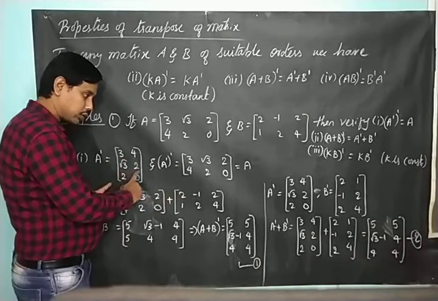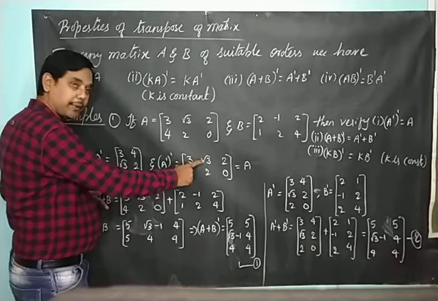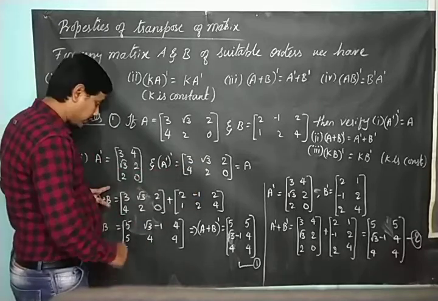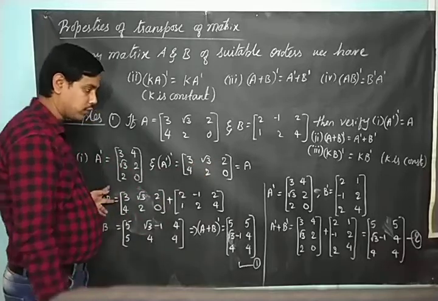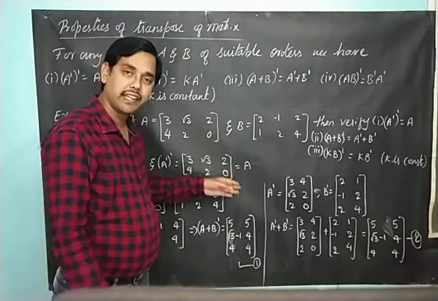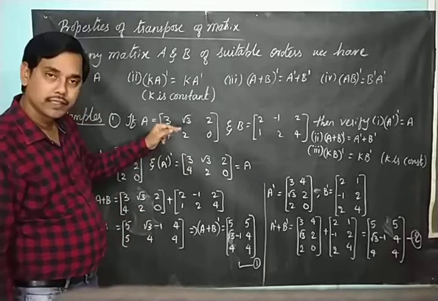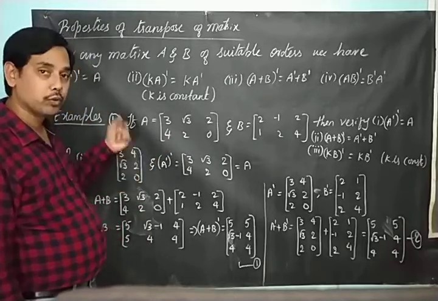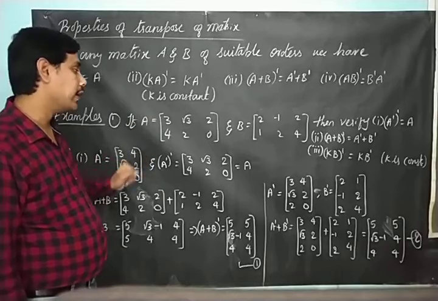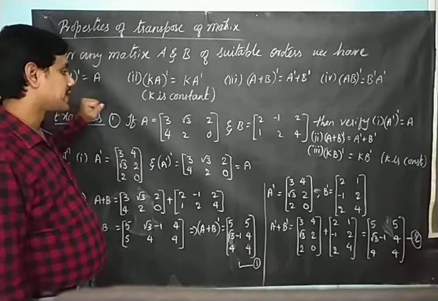The second row is root 3, 2, so it becomes the second column. The third row is 2, 0, so it becomes the third column. Is it not equal to A here? Definitely it is A. So if you take the transpose of A transpose, you will get A. So the first property is verified.